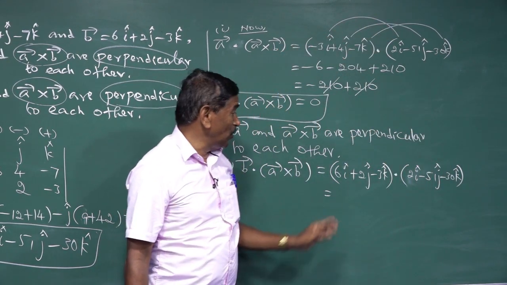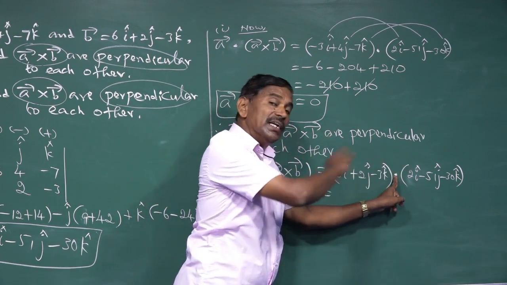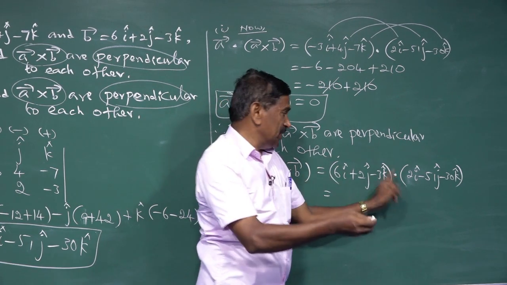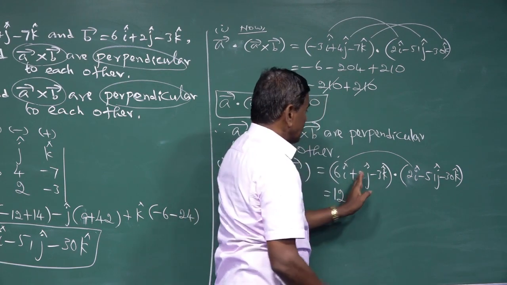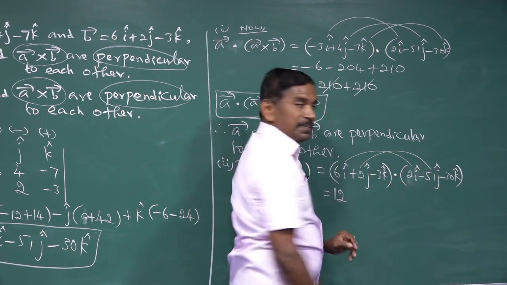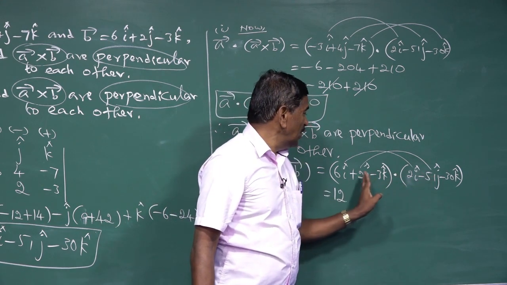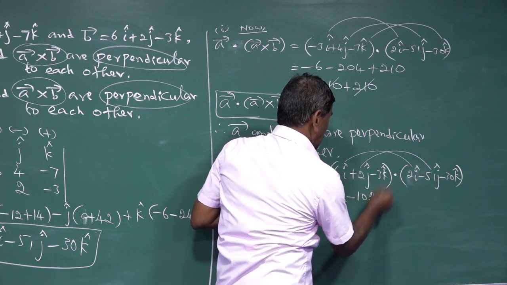If the dot product is defined between the two vectors, it is enough to multiply only the coefficients. I to I: 6 twos are 12. Next, J to J: plus into minus is minus, 2 into 51 is minus 102.